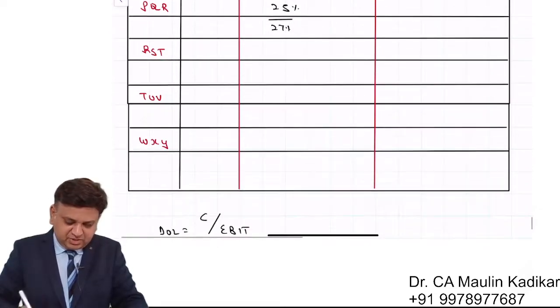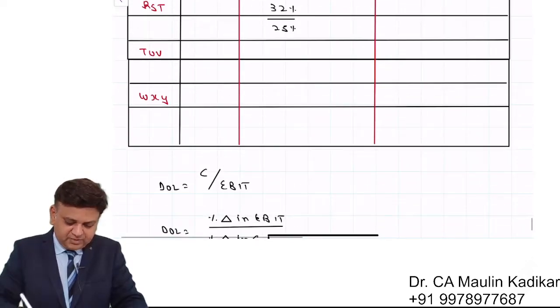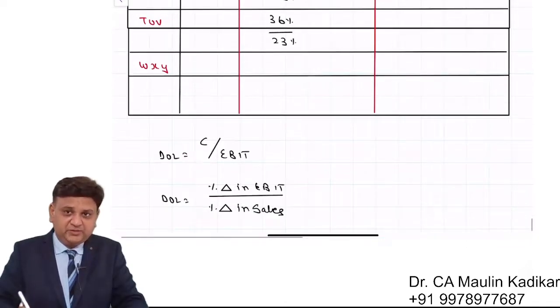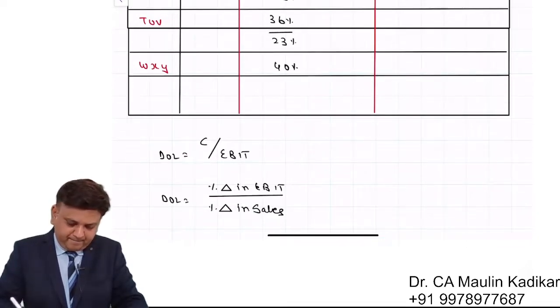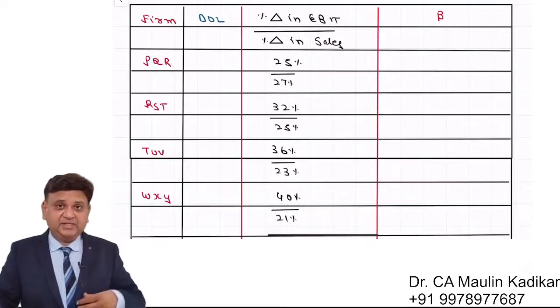For RST it is 32 divided by 25. For TUV it is 36 divided by 23. And for WXY it is 40 divided by 21. That is the way the answer is supposed to be found.